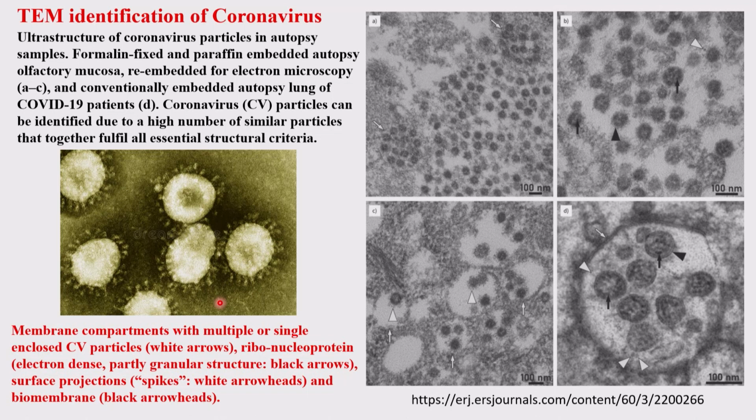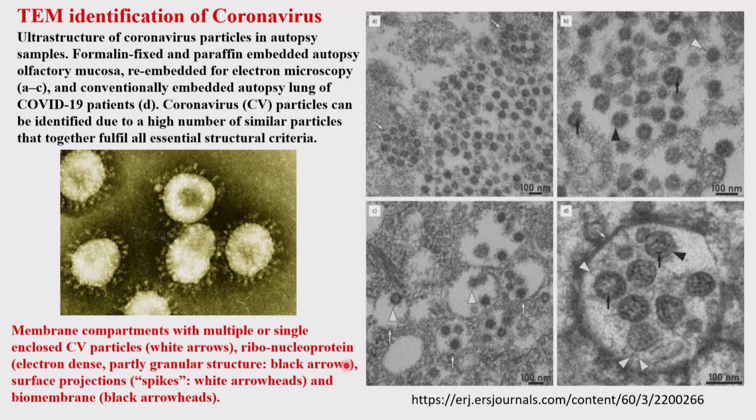If you look at these things where you have the white arrows, the membrane compartments with multiple or single enclosed CV particles, they are white arrows. So you can see here, white arrow here, white arrow here. So these are all the ones where the membrane compartments have single or multiple enclosed CV particles. Okay, so those are viral particles.